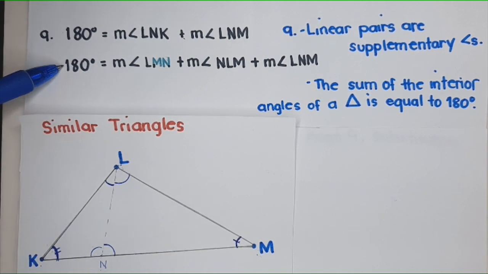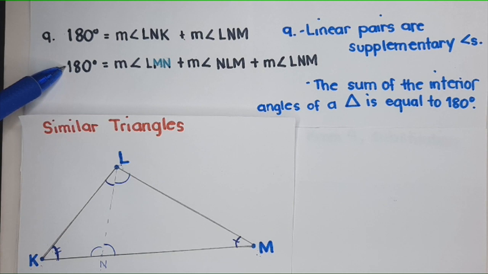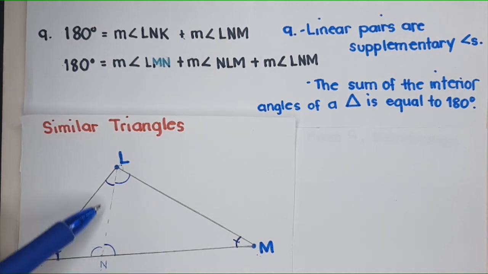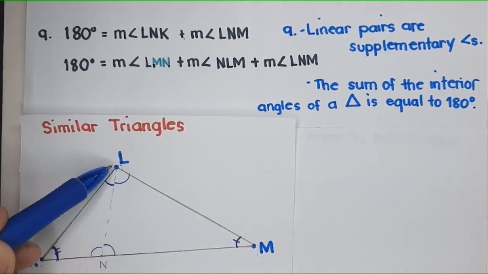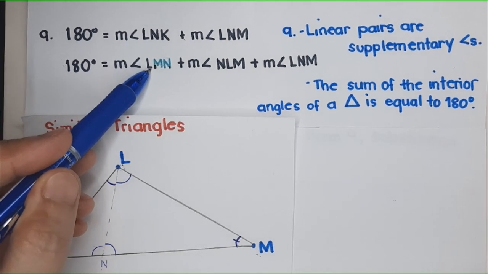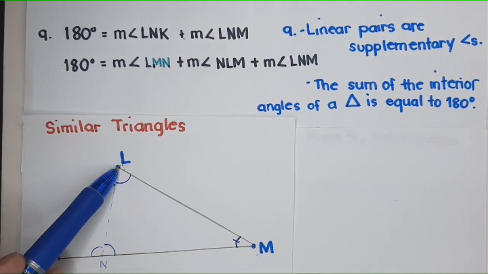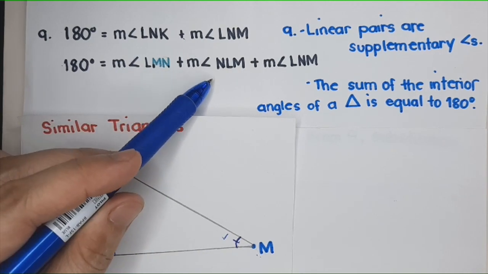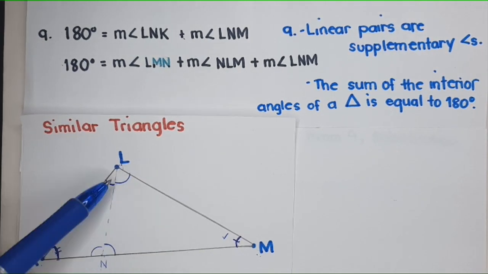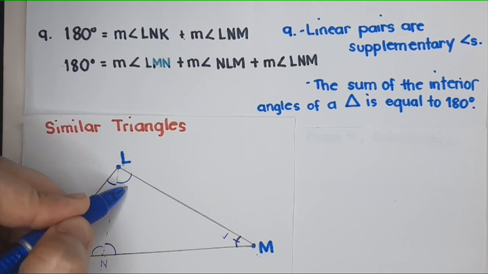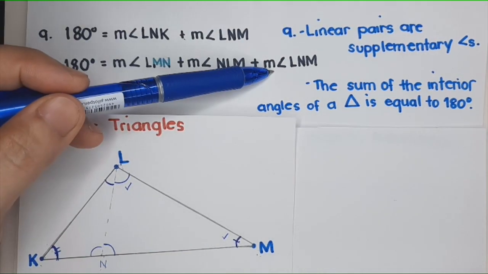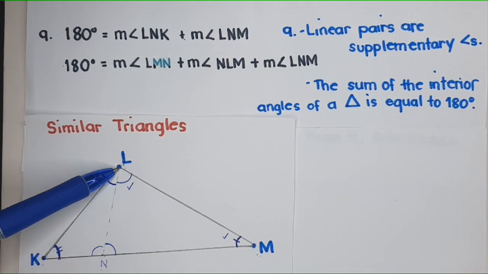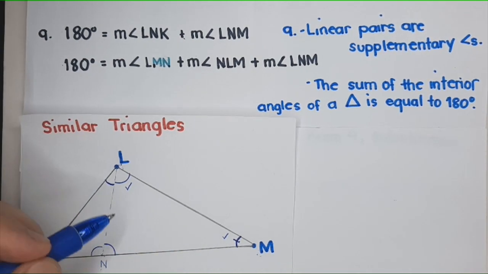And then the other equation, also equal to 180 degrees: look at this triangle that we did not consider earlier. The measure of angle LMN, this one, plus the measure of angle NLM, this angle, plus the measure of angle LNM, this angle.